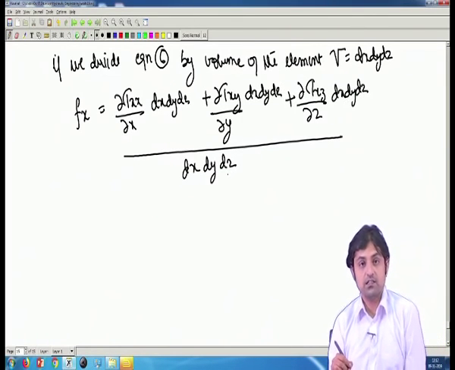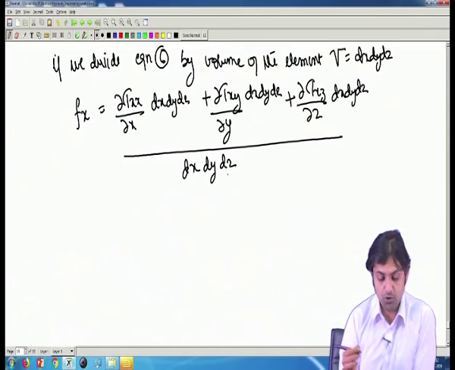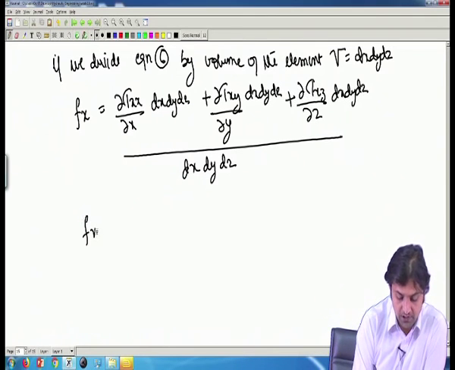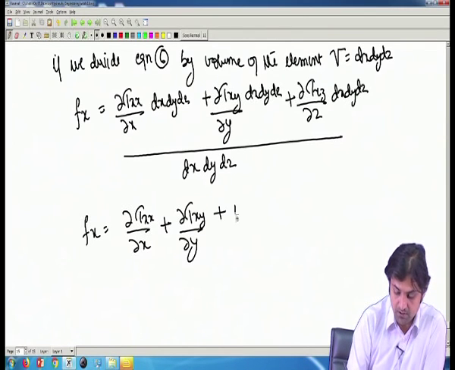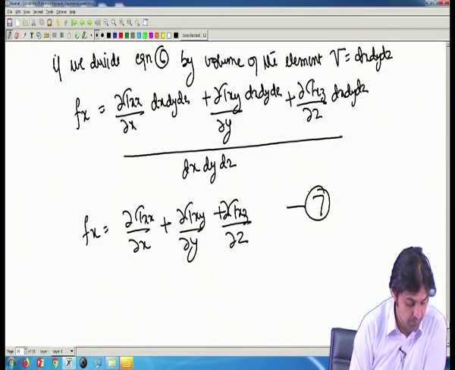So dx dy dz will get cancelled from above and below. So fx can be written simply as del tau xx by del x plus del tau yx by del y plus del tau zx by del z, and this is equation number 7. All right.